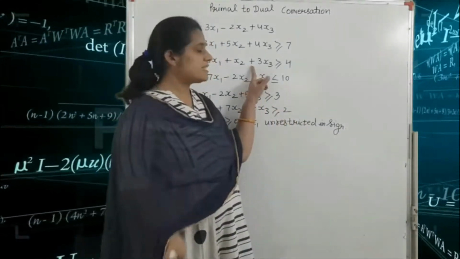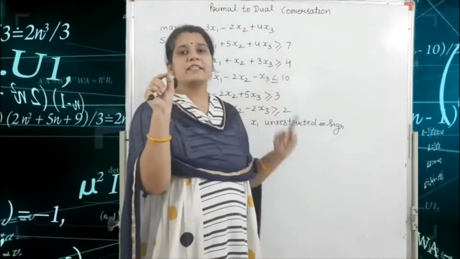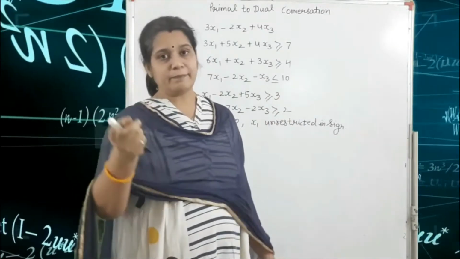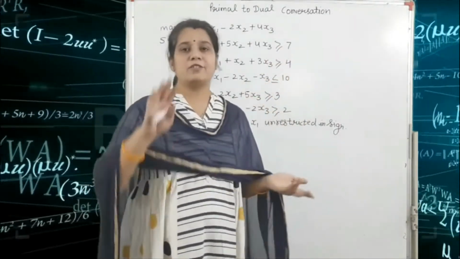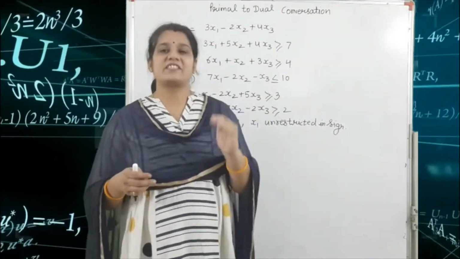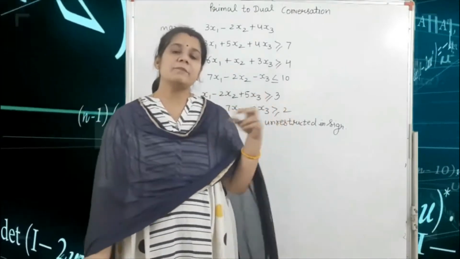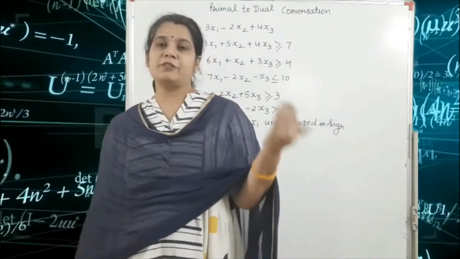That means an unrestricted in sign variable converts into an equal to type equation in the dual, and an equal to type equation in the primal converts into an unrestricted in sign variable in the dual.